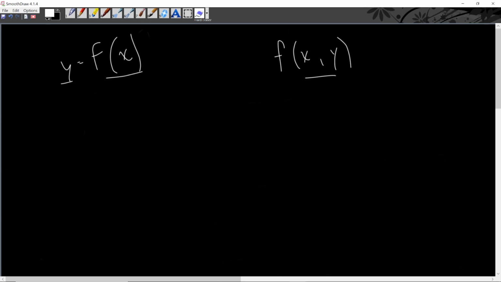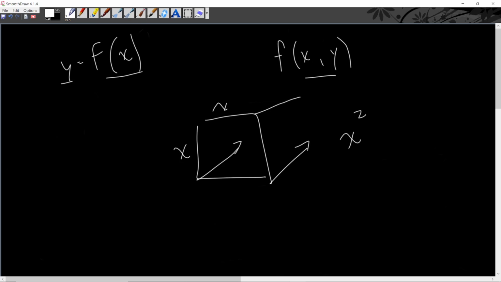We have area under the curve, right? So if we add another dimension to area, if we add depth to area, let's even draw this out real quick. If you have the area of the base of a square, x and x, so x squared, and then you add another dimension, you add this depth of x.